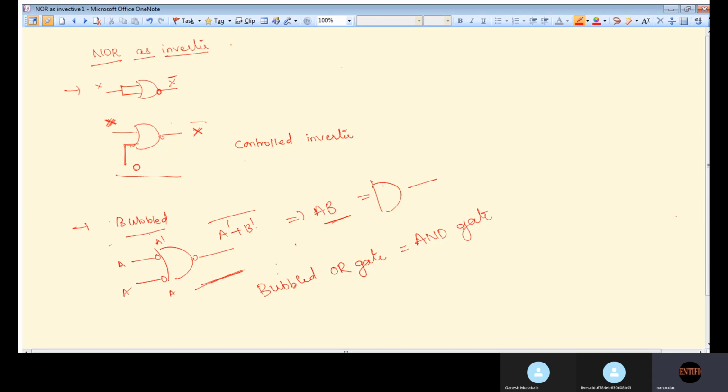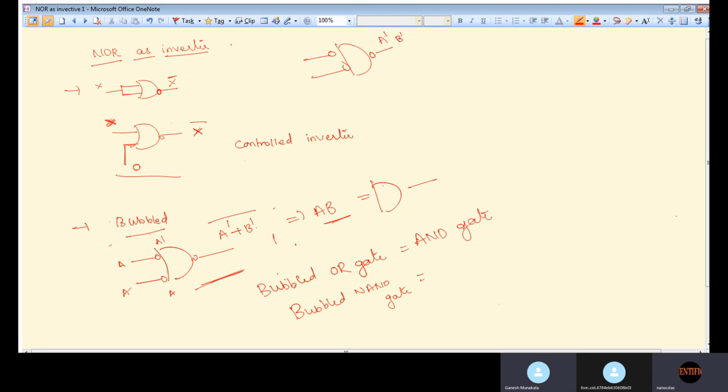And now you tell me what a bubbled NAND gate, how will it act, tell me. Bubbled NAND gate is equal to what? It will act like what? OR gate. It will act like an OR gate.